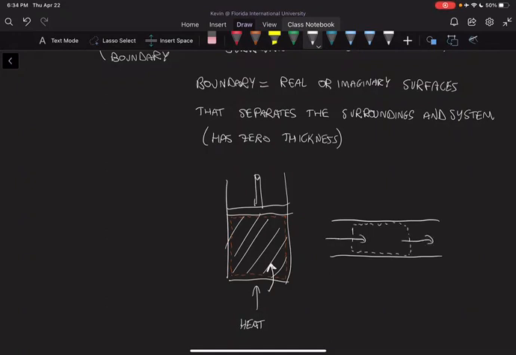So mass is coming in and mass is coming out of our system. So we have something crossing our boundaries from outside our system, from the surroundings, into the system, and then back out of the system. Okay, hopefully that makes sense and is clear.